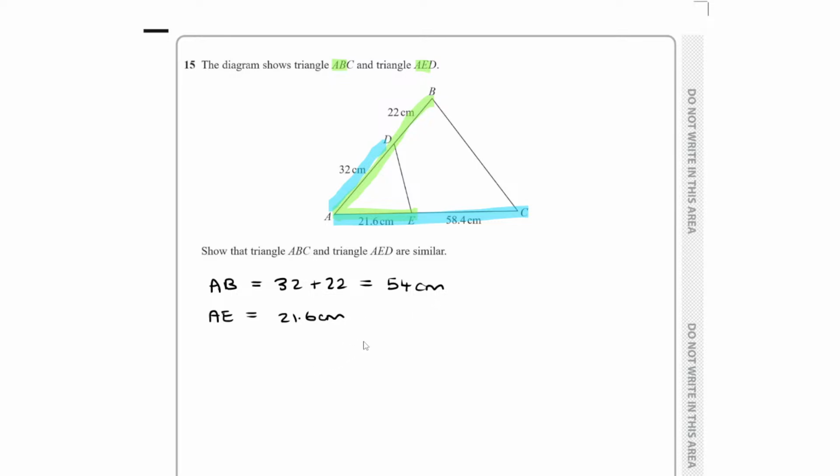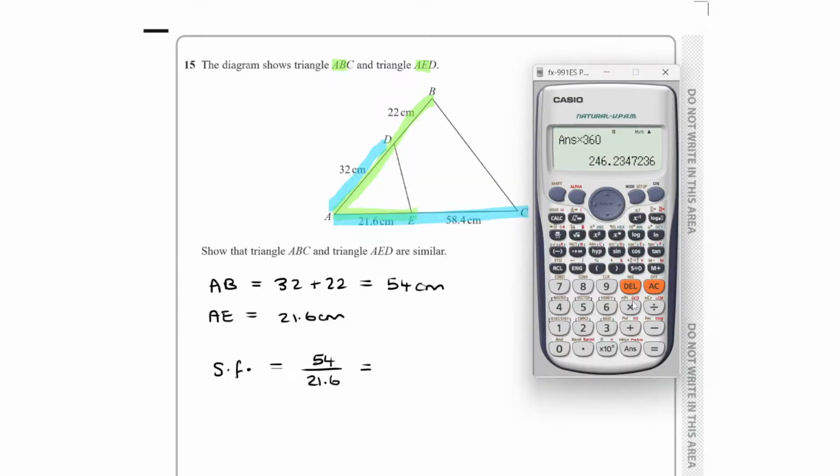So you can work out the scale factor by dividing them whichever way round you like. I personally prefer to divide the bigger by the smaller, just so I at least have a number bigger than 1. That's just my own preference, you don't have to. You could divide it the other way around if you want. So the scale factor between those, 54 over 21.6, 5 over 2, or in other words, 2.5.